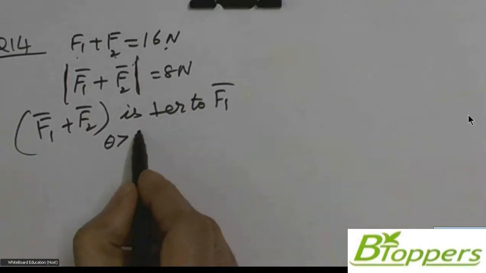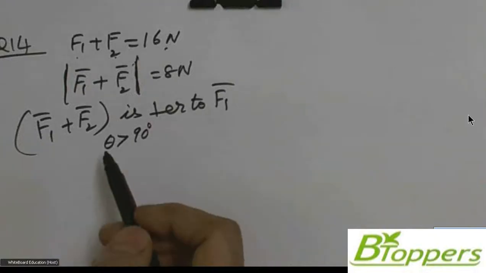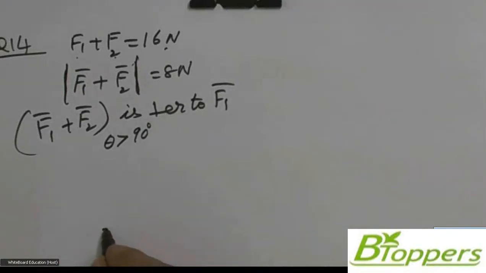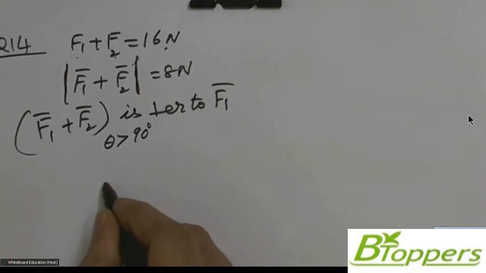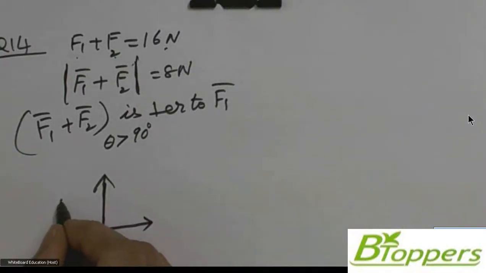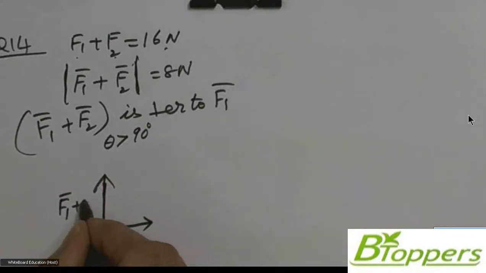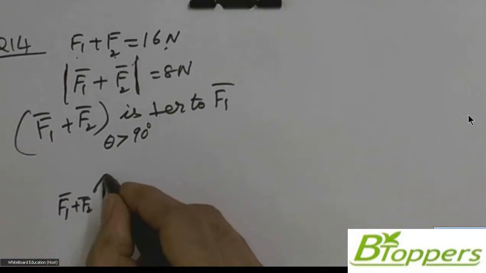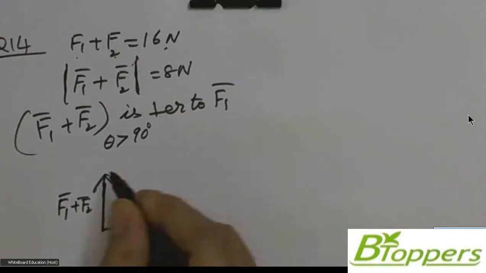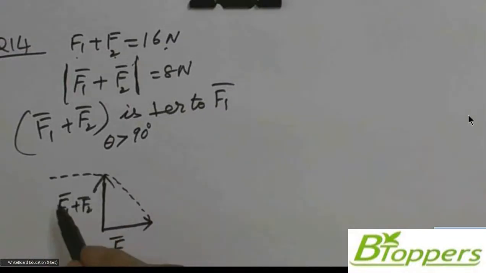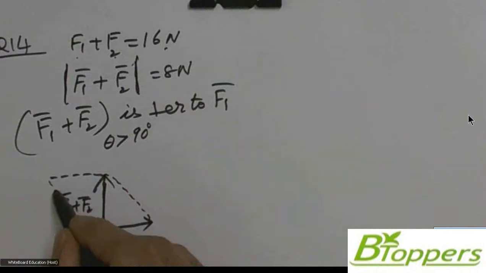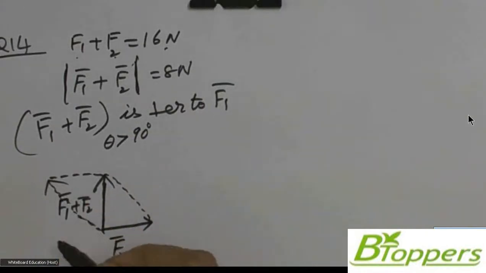Therefore, the angle theta between the two forces F1 bar and F2 bar will be more than 90 degrees. The resultant F1 bar plus F2 bar is perpendicular to F1 bar. So you can try to complete the parallelogram.